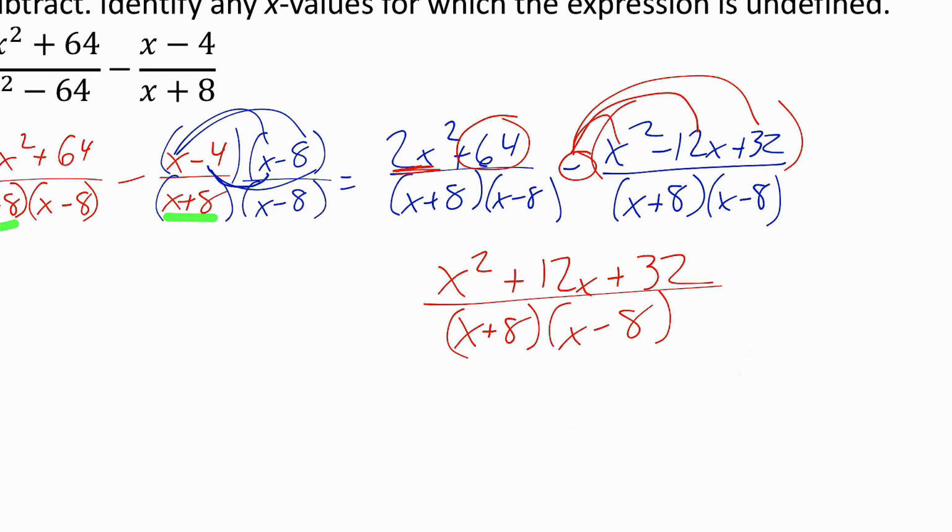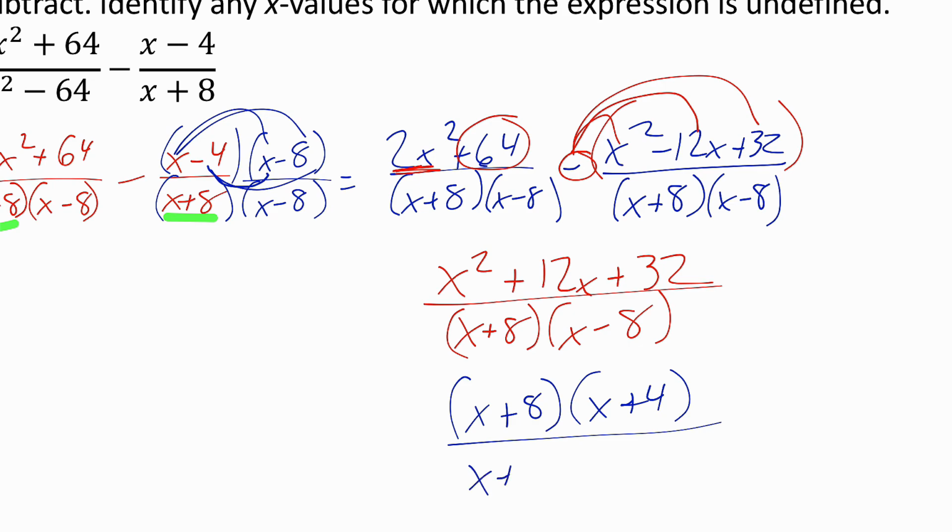But folks, as I said, sometimes it's helpful to factor. This one definitely will be. That numerator, x squared plus 12x plus 32, is factorable into x plus a number, x plus a number. We need two numbers that multiply to 32 and add to 12. Well, that's x plus 8 and x plus 4. All that still over x plus 8 and x minus 8.